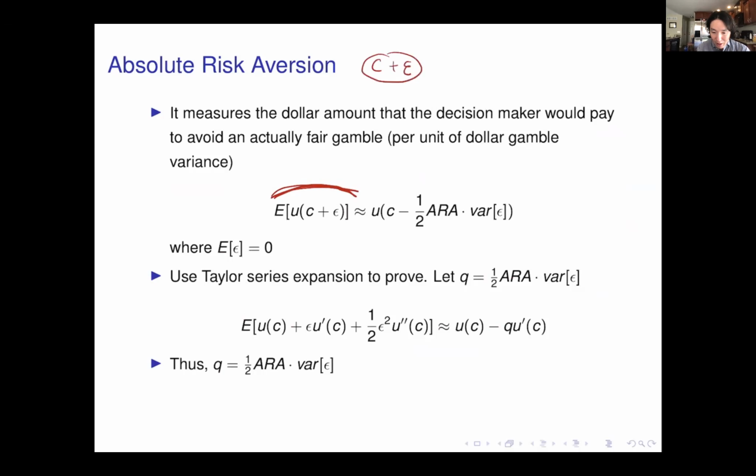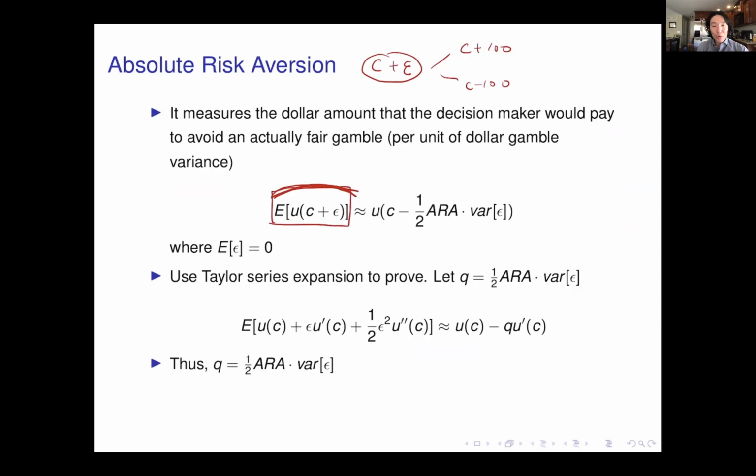So it's either, I don't know, C plus 100 or C minus 100. Based on the random realization of epsilon, your consumption is going to be C plus 100 or C minus 100. In that case, your expected utility is going to be like that.